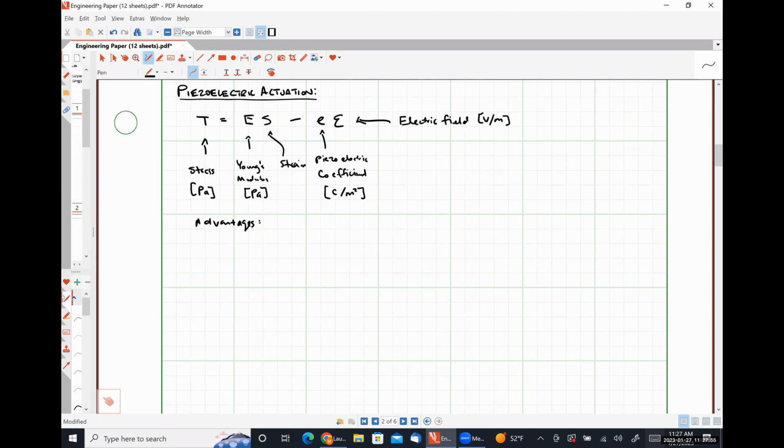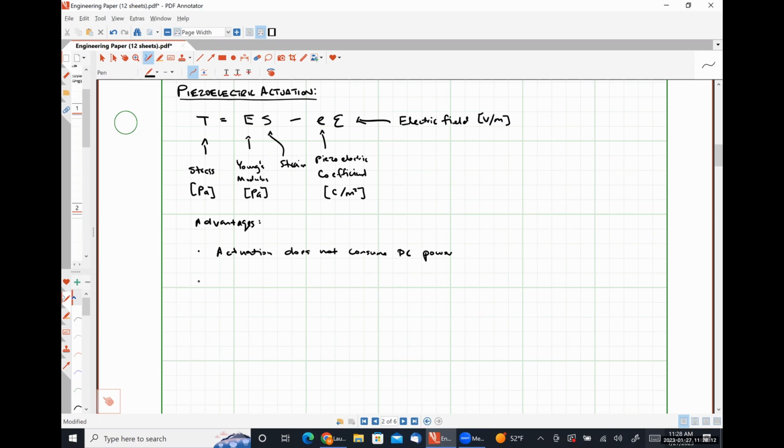The advantages of piezoelectric actuation: the first one is that the actuation does not consume DC power.